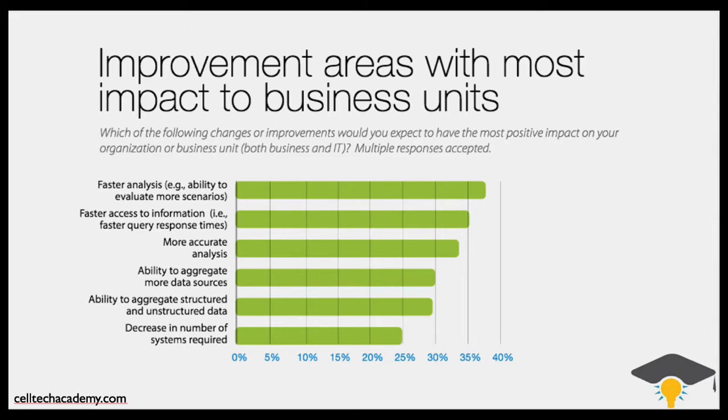Those kinds of information are required immediately to make a decision, to restructure your business or whatever you want to do with your business case. Also, decrease in the number of system requirements. This shows the percentage of how much improvement they would need in their organization.